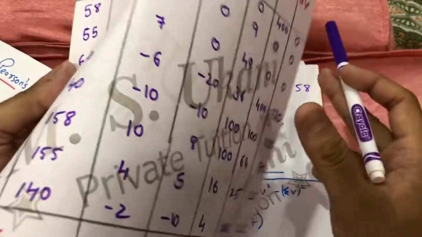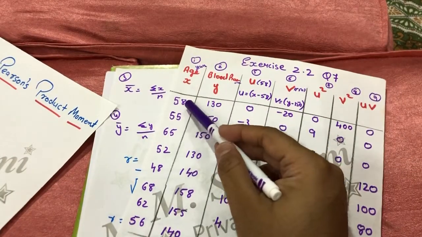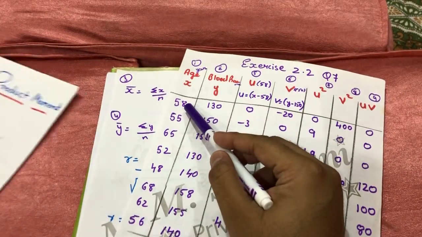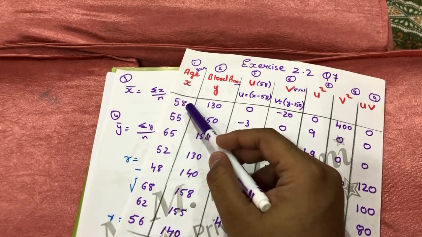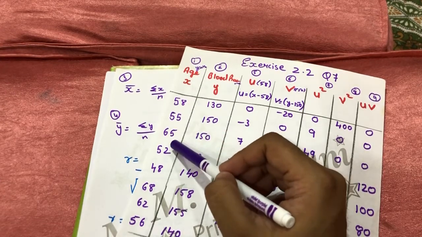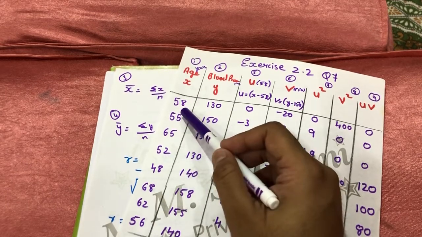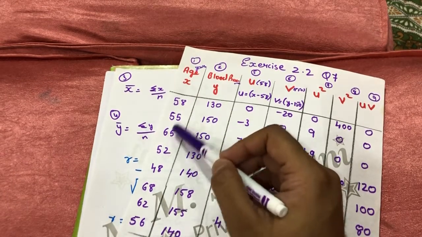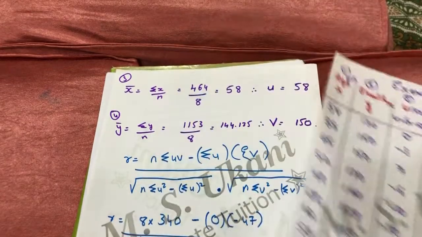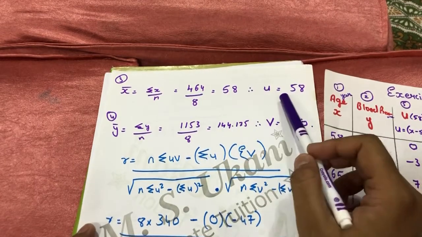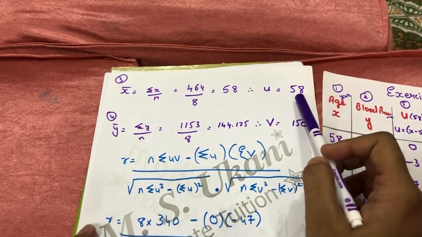See, in our X column the number 58 is there. So you can assume 58, 60, 65, the nearest number after rounding off, so that easy subtraction can be done. Here I have made U, that is 58 only.